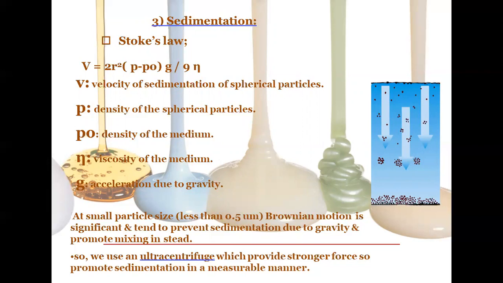The lower size limit for applying the Stokes law is 0.5 micrometer. As colloidal dispersion exhibits Brownian motion, gravity sedimentation will be minimal. Sedimentation is not a kinetic property of colloidal system by itself under normal conditions. Therefore, a stronger force must be applied to bring about the sedimentation of particles.